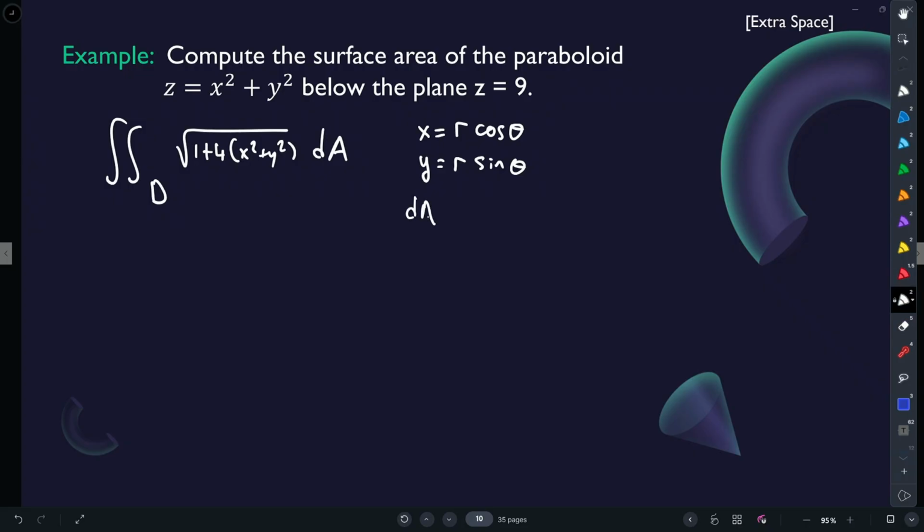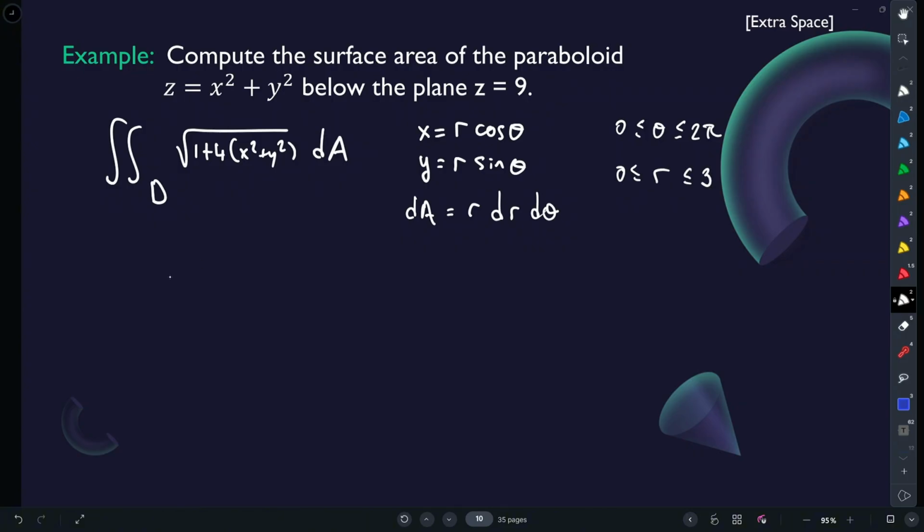The differential of area is r dr d theta. Here we are doing the integral over the entire revolution of this surface, so it's below the entire circle. So theta is going from 0 to 2 pi, and the radius is going from 0 to 3, because the filled-in circle in the parameter space has radius up to 3.